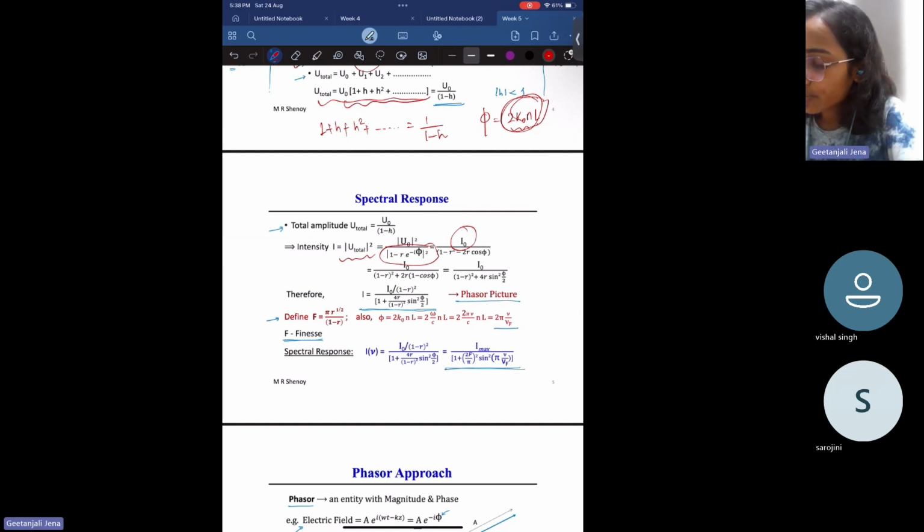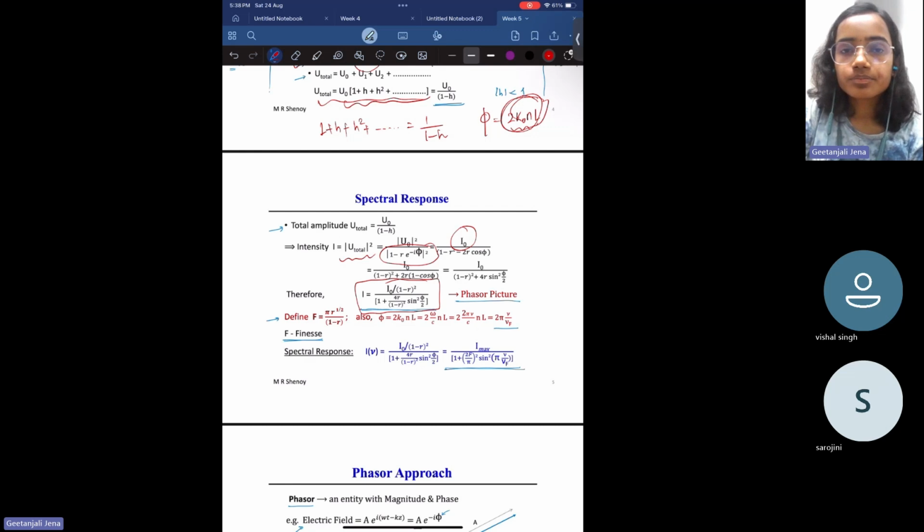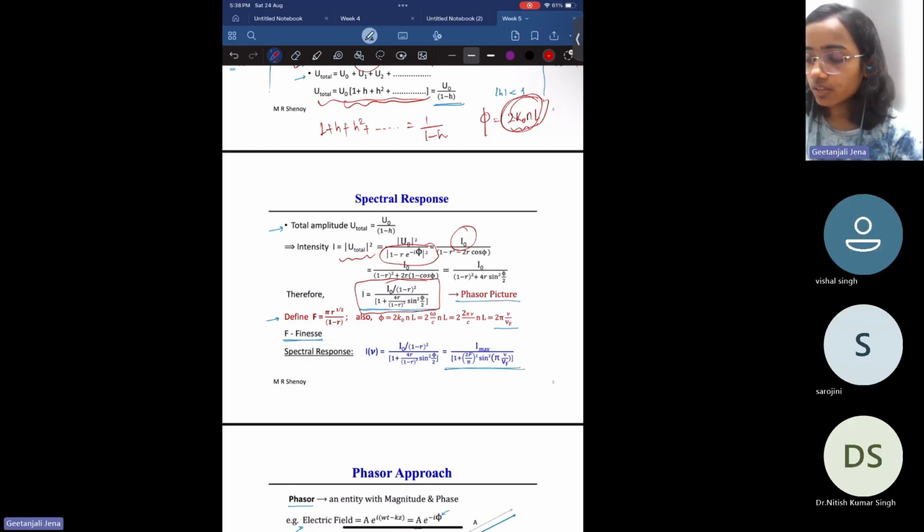If you put it, the final expression you will get is I equal to this expression. Now this is the variation of intensity with respect to the accumulated phase of the confined mode.